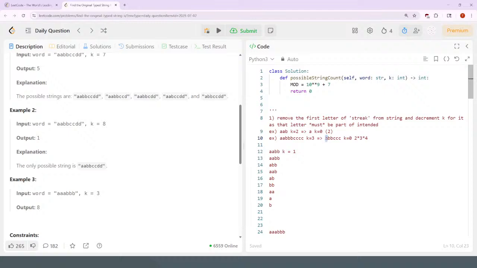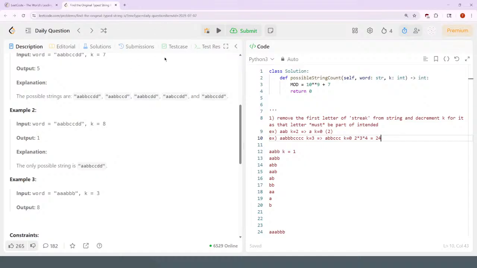I could have 0 or 1 A, I could have 0, 1, or 2 B, I could have 0, 1, 2, or 3 C's, and any number of those ways could match with any numbers of ways for the other letters. So there's 2 possibilities for the number of A's, 3 possibilities for the number of B's, and 4 possibilities for the number of C's. It ends up being 6 times 4 is 24.